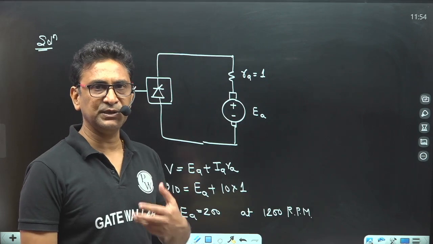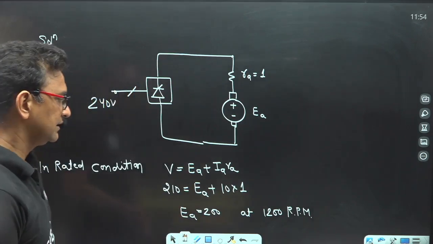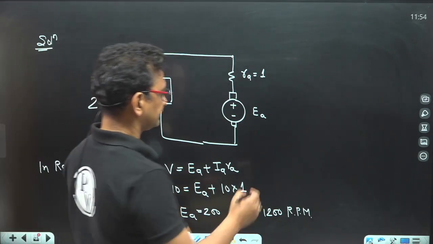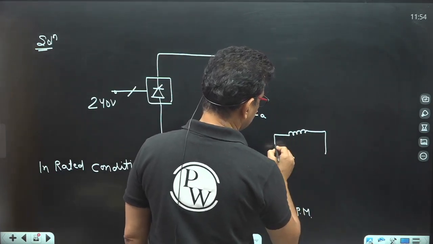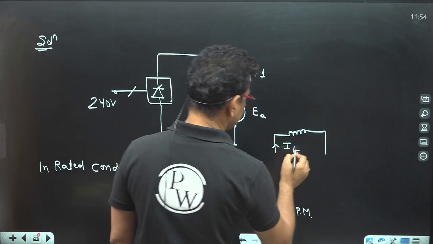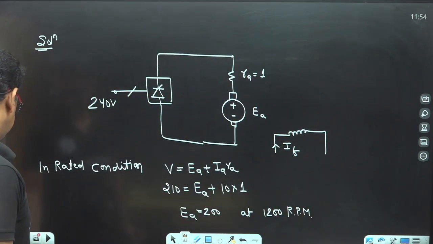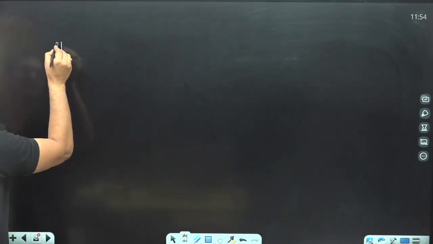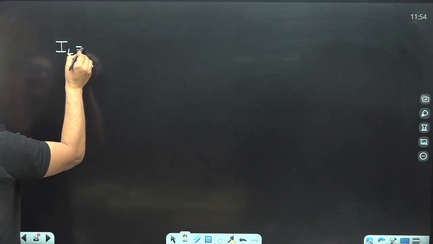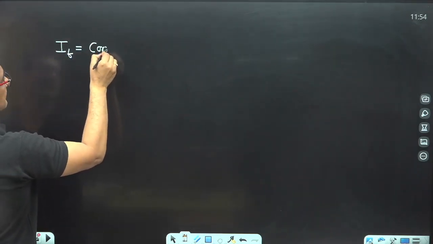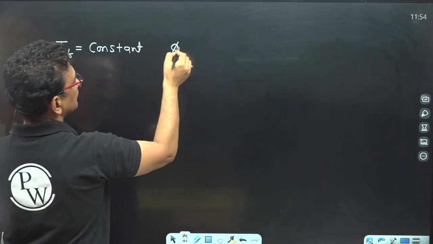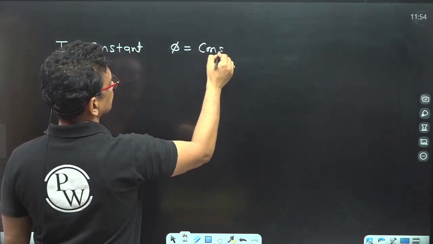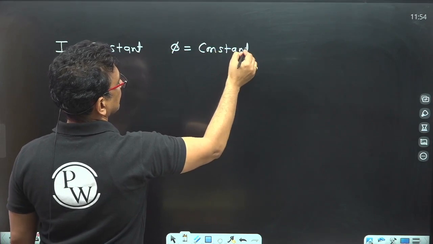We all know that the induced EMF depends upon the flux and speed, but the field current is constant, that means the flux is constant. It is a separately excited motor. The field current creates the magnetic flux, so the flux is constant.